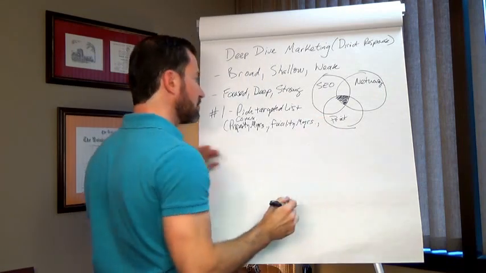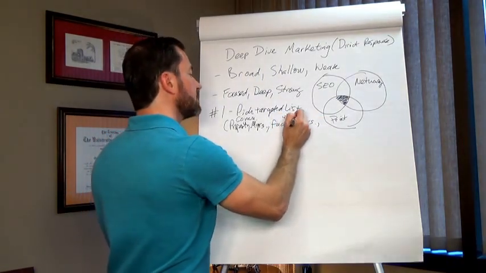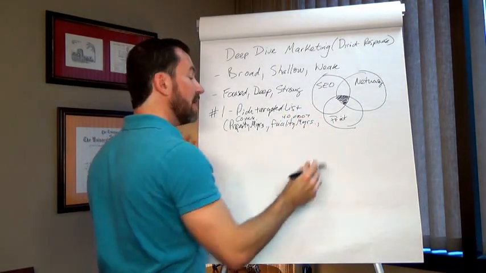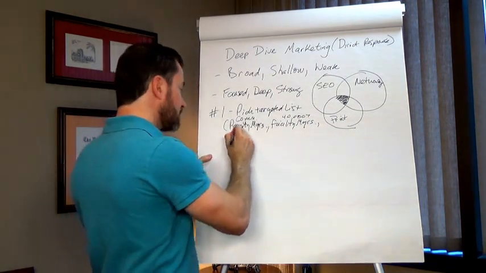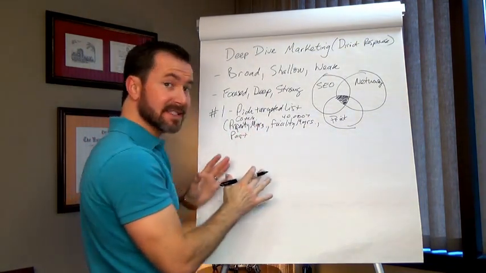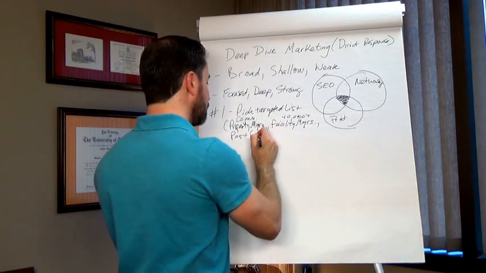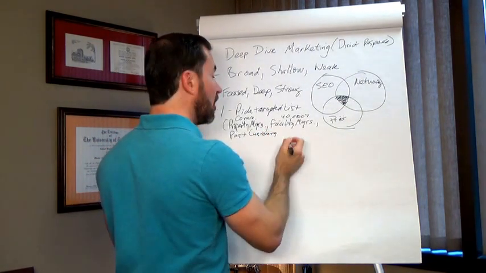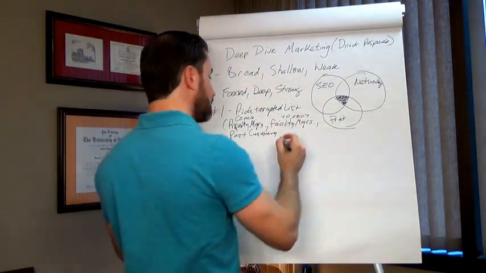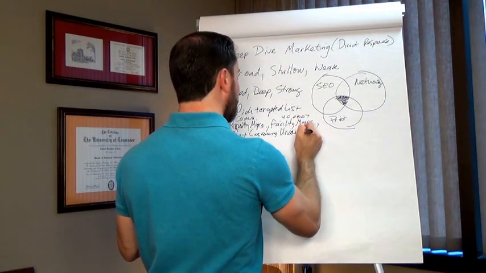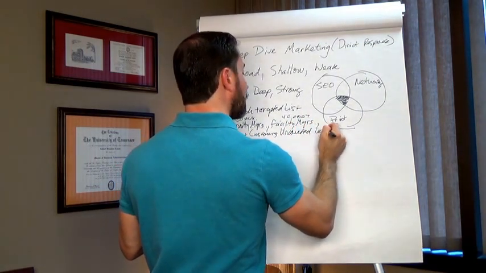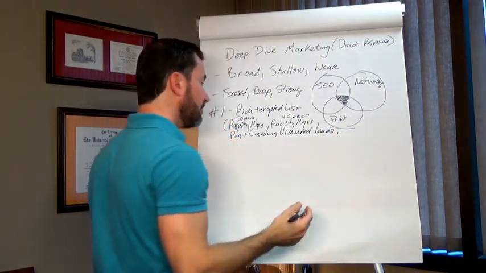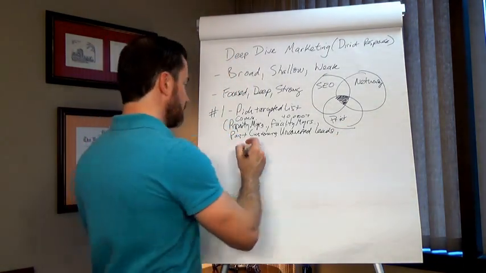And those are 40,000 plus square feet facility managers. It could be your past customers, which are the easiest and best people you'll ever talk to. It could be unconverted estimates, people you wrote estimates for that did not close. What I call unconverted leads. And then finally, it could be referral sources.